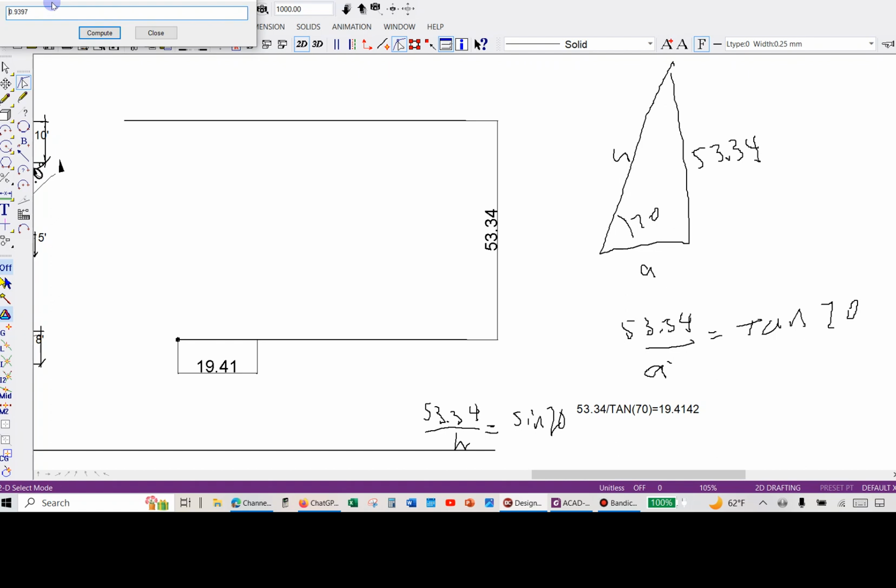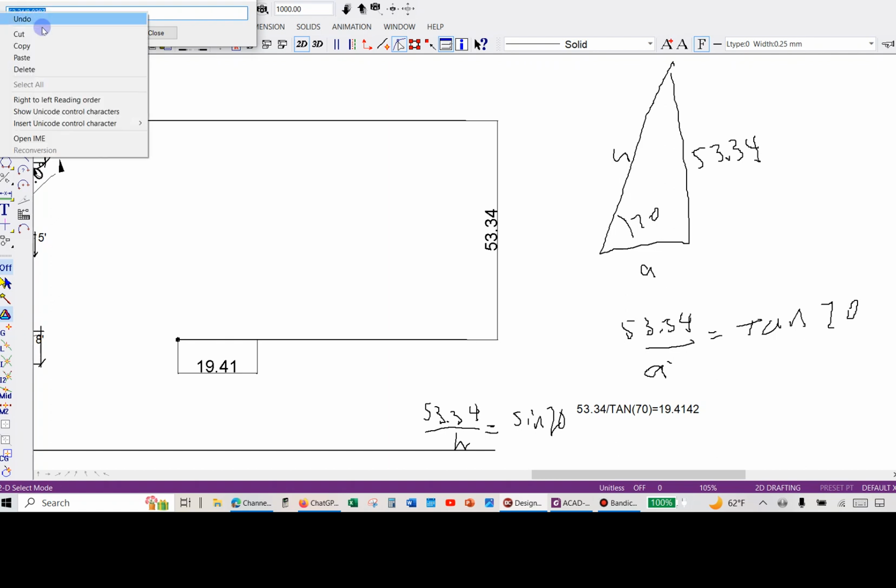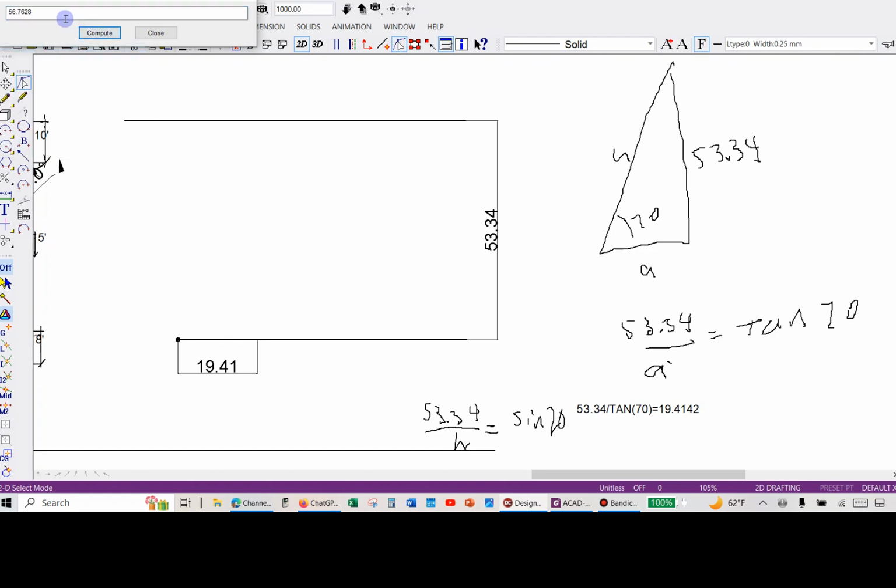So 53.34 divided by, copy, repeat. Yeah, that sounds better. Control C, control V. That's what it should be.